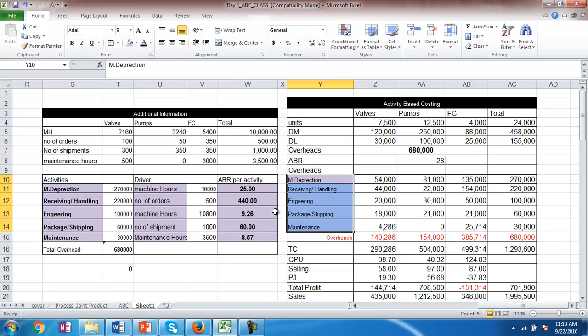And these activities are consumed differently by different products, so the cost will be different. So unlike the single absorption rates, whether it is labor cost or volume cost or material cost, here we try to link the activities consumed by each product, then decide the cost.